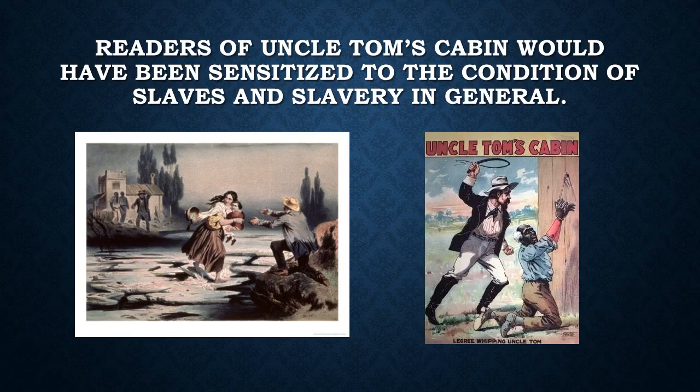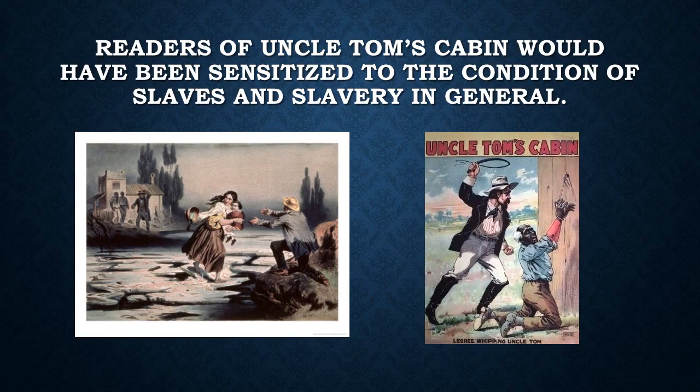Then they also would have read the story of Uncle Tom himself, who was sold to a very mean-spirited slave owner by the name of Simon Legree, who repeatedly would whip and abuse Tom for trying to teach other slaves how to read. Now, in the end, Uncle Tom was killed by Simon Legree for trying to impart religion to Simon Legree's other slaves.